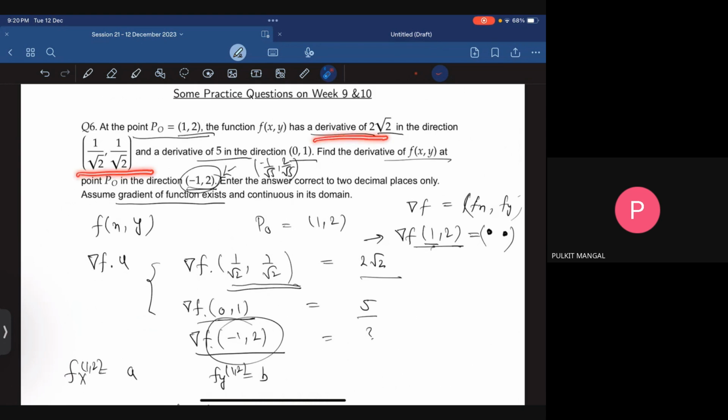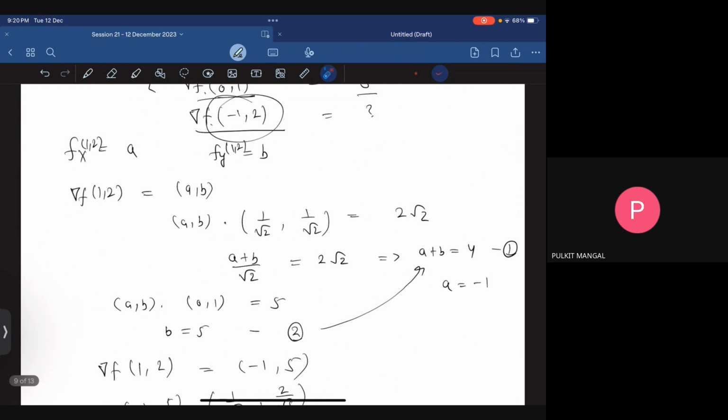The derivative in the direction (1/root 2, 1/root 2) is 2 root 2. So the gradient of f at the point (1, 2), which is (a, b), dot product with (1/root 2, 1/root 2) is equal to 2 root 2. Simplifying, you get a plus b equal to 4.